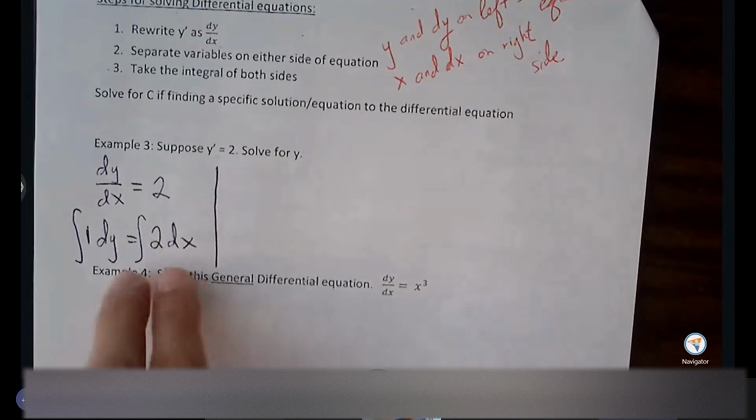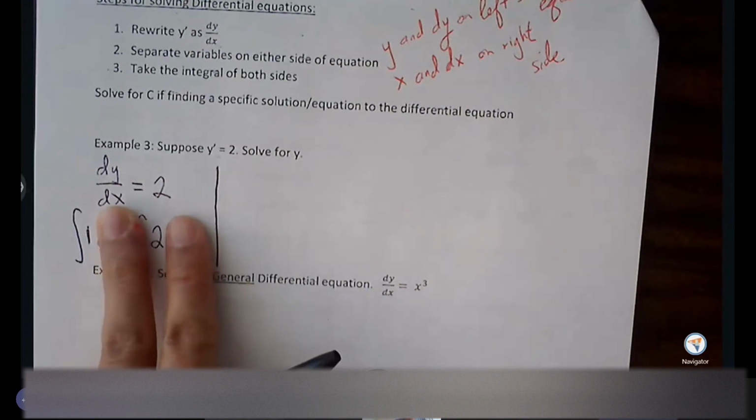Good, 2x. Remember, integral and dx is just notation, and we're just taking the antiderivative, so every term is going to rise by a degree of 1. So here, there's no x's, so when we take the antiderivative, an x is going to appear.